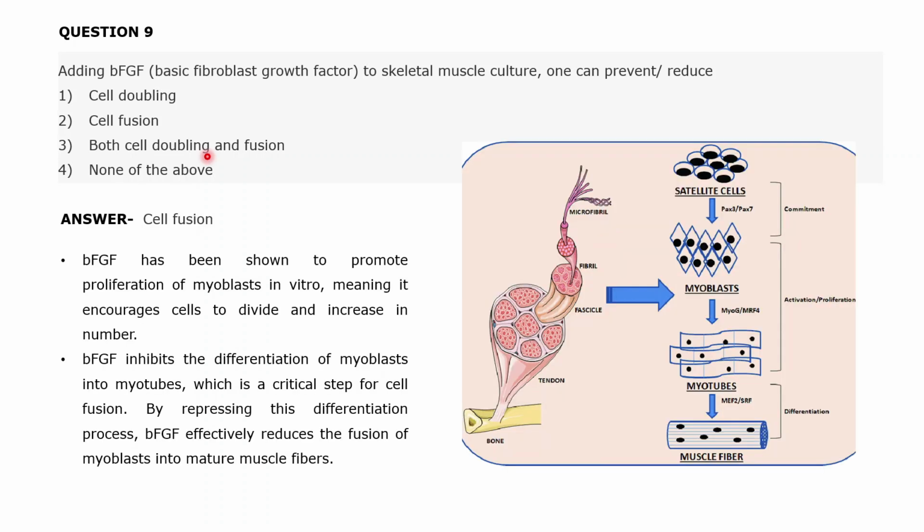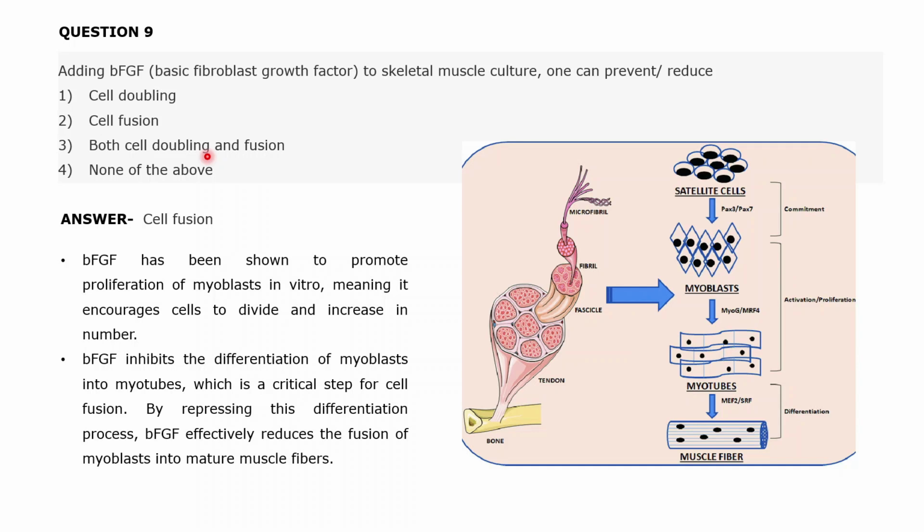Basically, cell fusion. If you look into basic fibroblast growth factor, in coordination with the muscle fibers there are also fibroblast cells, right? If you look at the lecture videos, you would know that whenever you are growing a muscle fiber, you also need an appropriate amount of fibroblast cells. It should be in an optimum range.